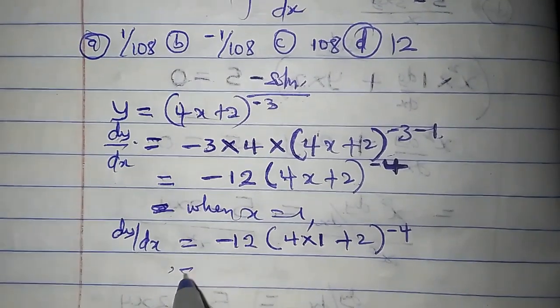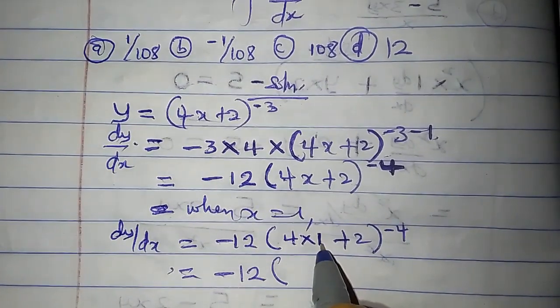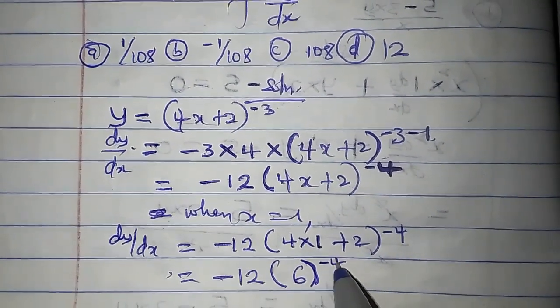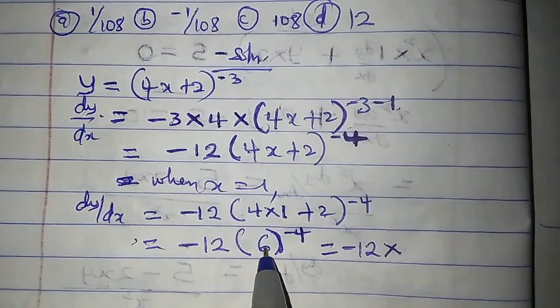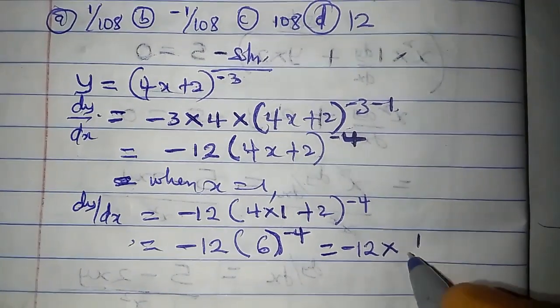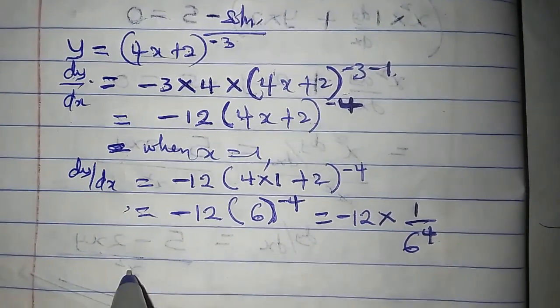Okay, let's go ahead. This is minus 12. 4 times 1 is 4. Okay, 4 plus 2 is 6. 6 raised to the power minus 4. 6 to the power of minus 4 is equivalent to 1 all over 6 to the power of 4. So what is that now equal to?